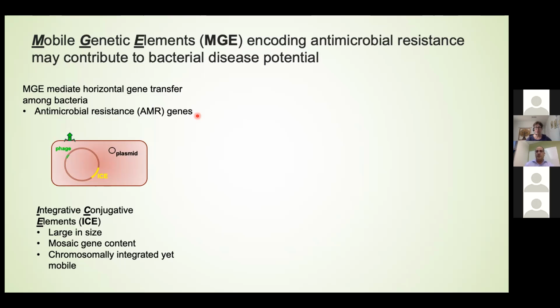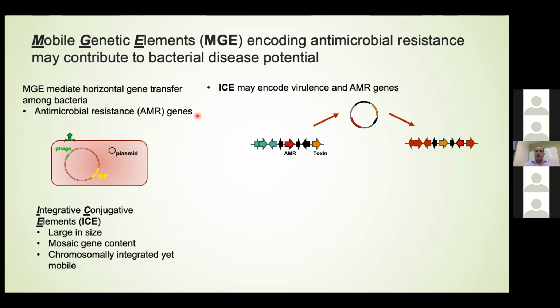And they do that through a variety of ways. They can do it by both encoding virulence and antimicrobial resistance genes. So you could have a situation where an ICE integrated into one bacterial genome can incorporate through recombination a virulence gene such as a toxin, and then transfer that into another bacterium when it excises, conjugates, and integrates into that genome.